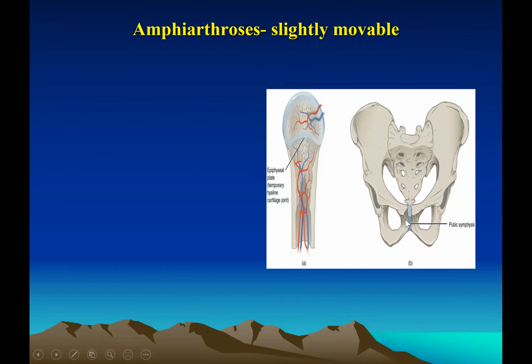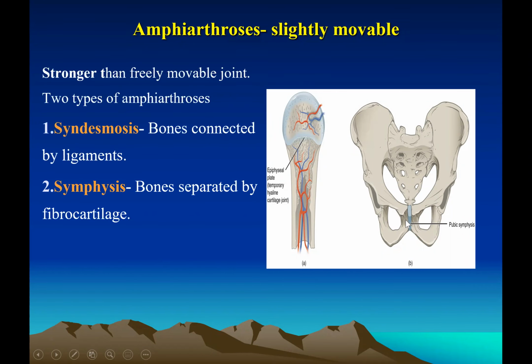There is very slight movement here. These movements are stronger than a freely movable joint. So, they are called amphiarthroses. The slight movement between the radius and the ulna or the tibia and the fibula, very slight movement, come under amphiarthrosis.